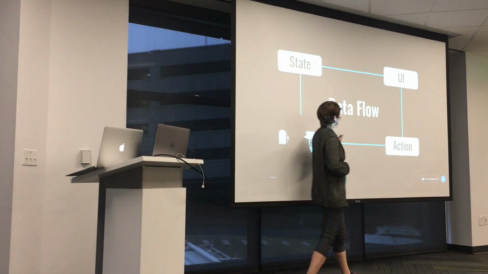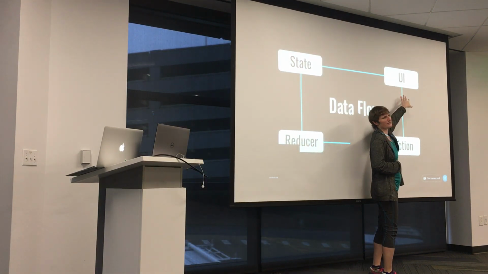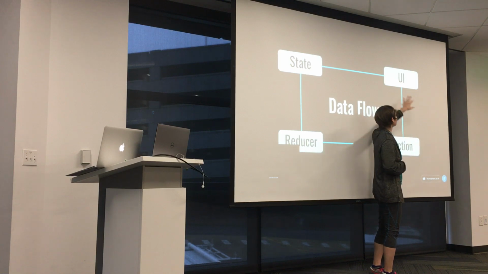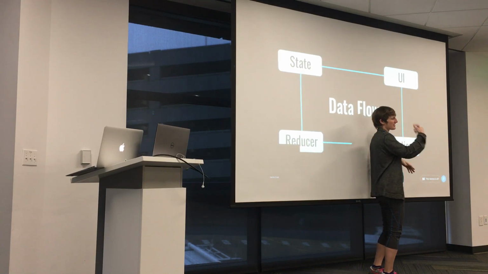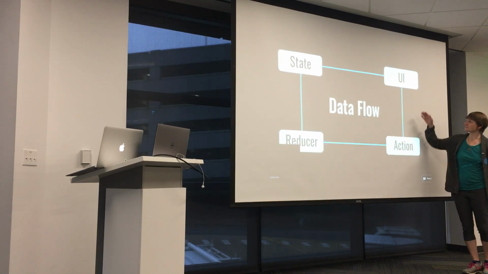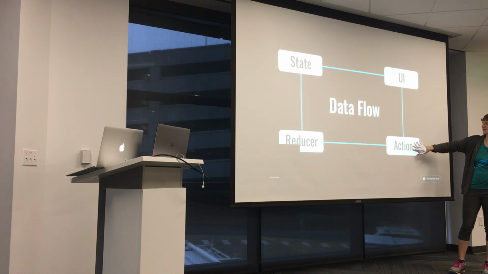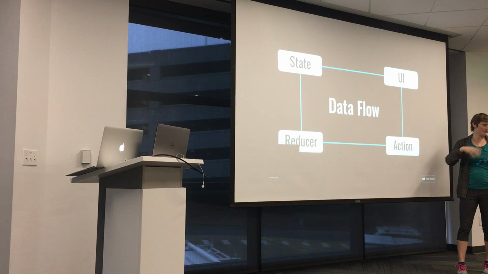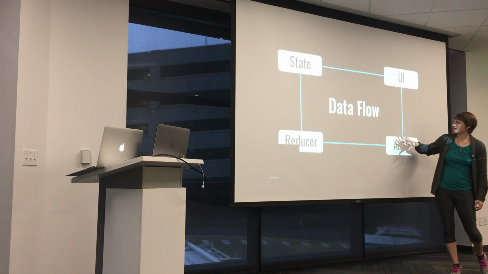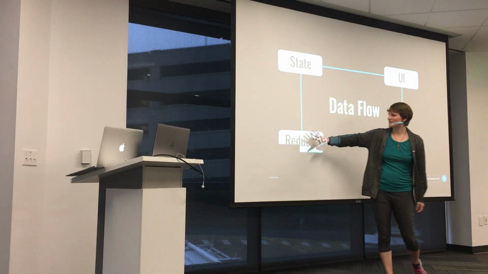So the basic data flow in a react-redux app is that some kind of action is triggered in the UI or in the app, like clicking a button or choosing something from a drop-down menu. Then that event triggers an action. Like I said, the action has a type and usually a payload. The action is dispatched to the reducer.